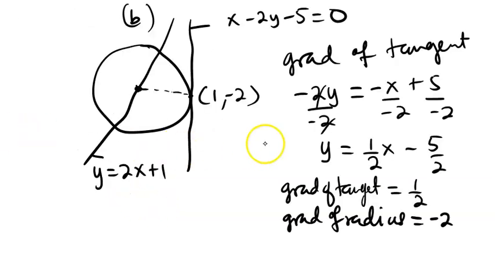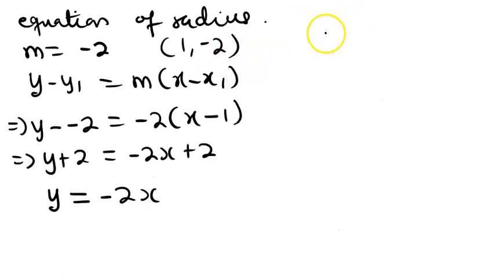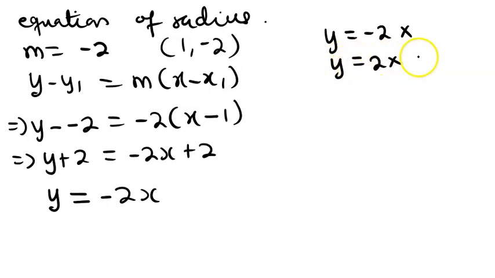So let's go back. We know the equation for this, if we extend the line, is y = -2x. So we can solve these two equations and get the coordinates. We have y = -2x, which is equation 1, and y = 2x + 1, which is equation 2.